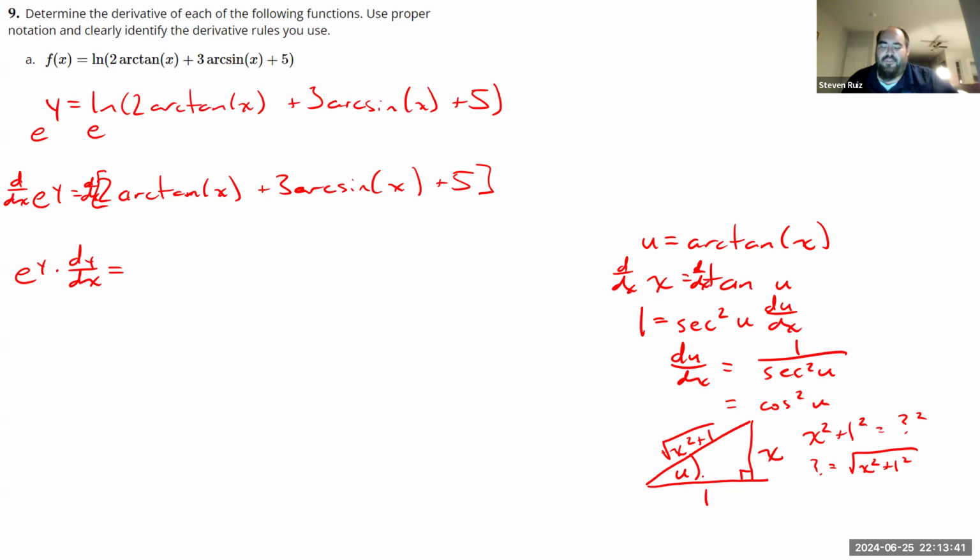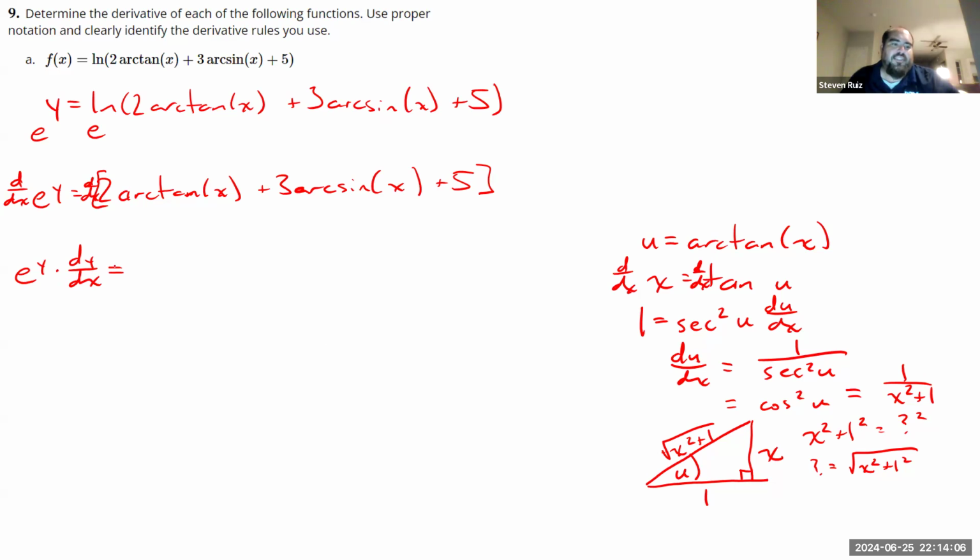The cosine of u, in this right triangle paradigm, is adjacent over hypotenuse. So 1 over radical x squared plus 1. If I square that, that'll be simply 1 over x squared plus 1. So long way around, but that is the derivative of arctangent of x.